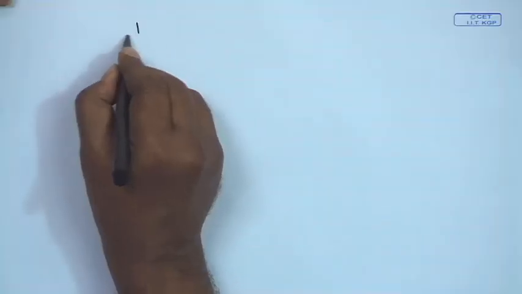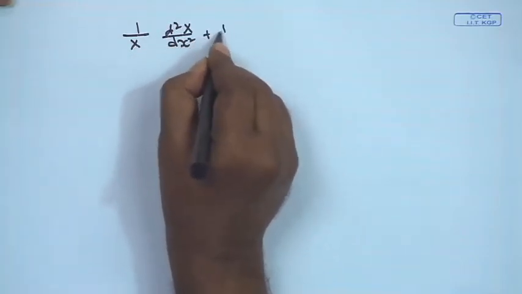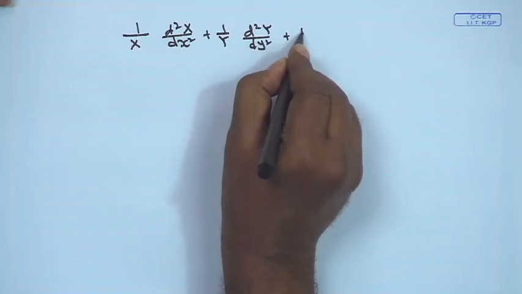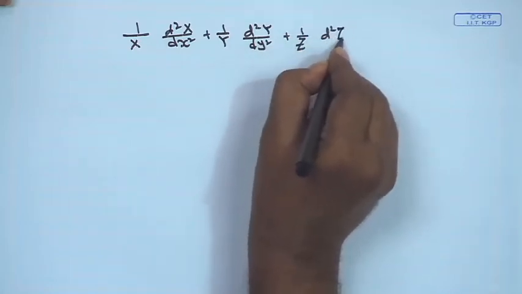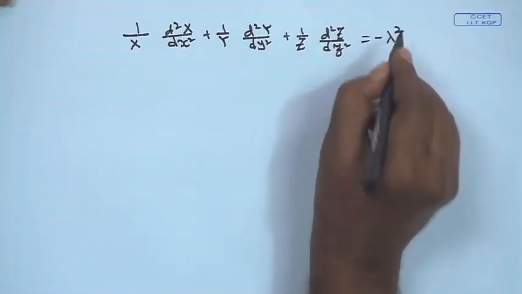Now, let us look into the spatially varying part. We get 1 over X d square X dx square plus 1 over Y d square Y dy square plus 1 over Z d square Z dz square is equal to minus lambda square. As we have seen, the boundary conditions are homogeneous in the x direction as well as the y and z directions.